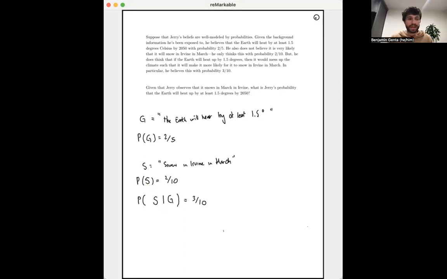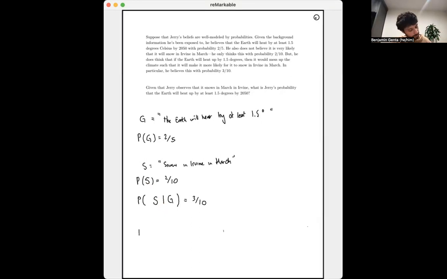And now we might ask, well, given that Jerry actually observes that it snows in Irvine in March, right? He's not observing that the theory is true. He's observing that it snows in Irvine. What is his probability that the Earth will heat up by at least 1.5 degrees by 2050?